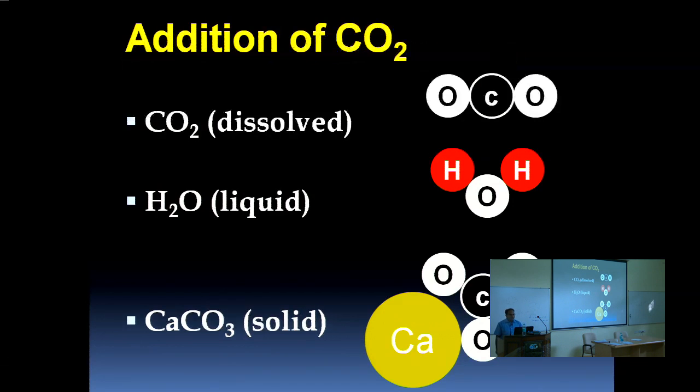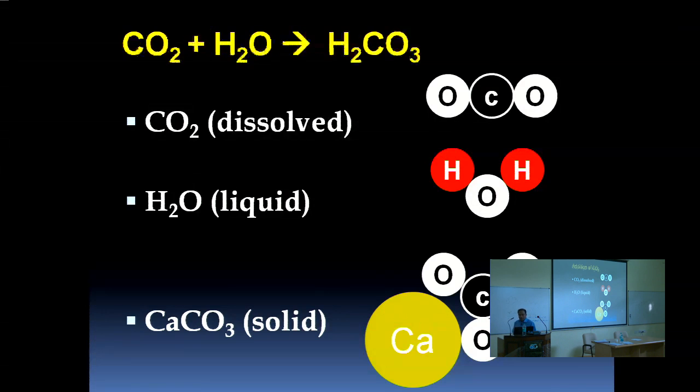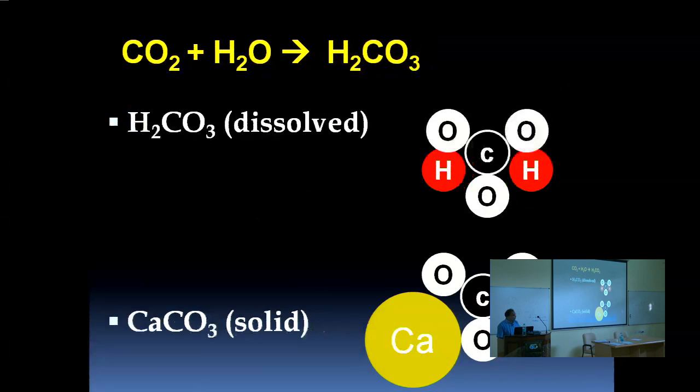Let's look at that. CO2 first comes in. The previous figure had only ocean water and the calcium carbonate. Now CO2 comes in, and that's going to form dissolved CO2 in H2O liquid, and it forms carbonic acid. So, H2O combined with CO2 forms carbonic acid.